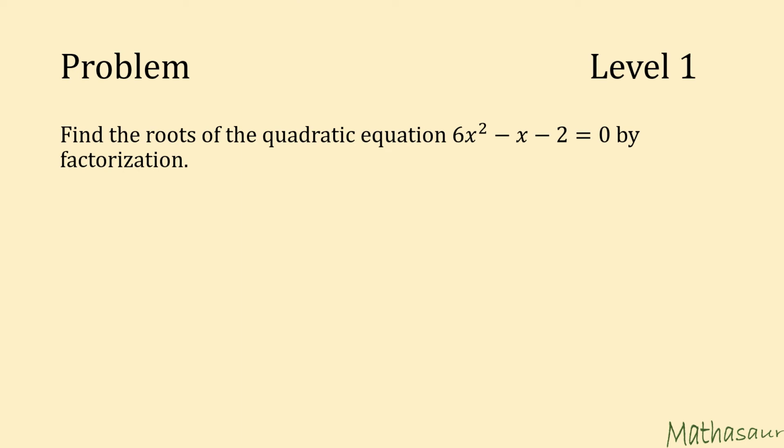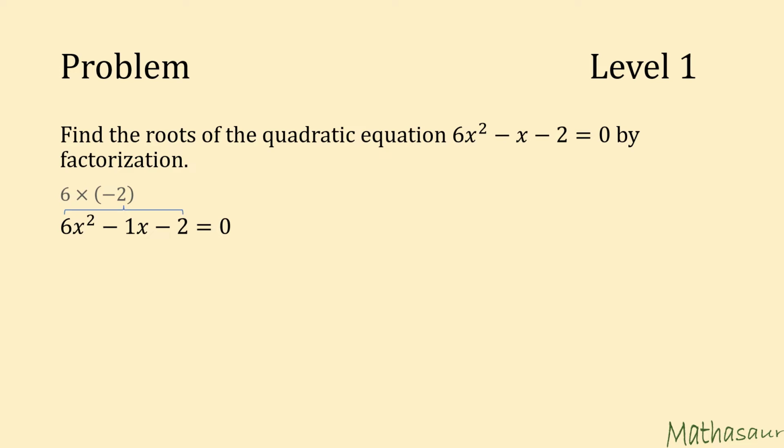Find the roots of the quadratic equation 6x square minus x minus 2 is equal to 0 by factorization. So let us write the equation once again and look at the coefficient of x square and the constant term. Always remember that the right hand side of this equation has to be 0 before we factorize.